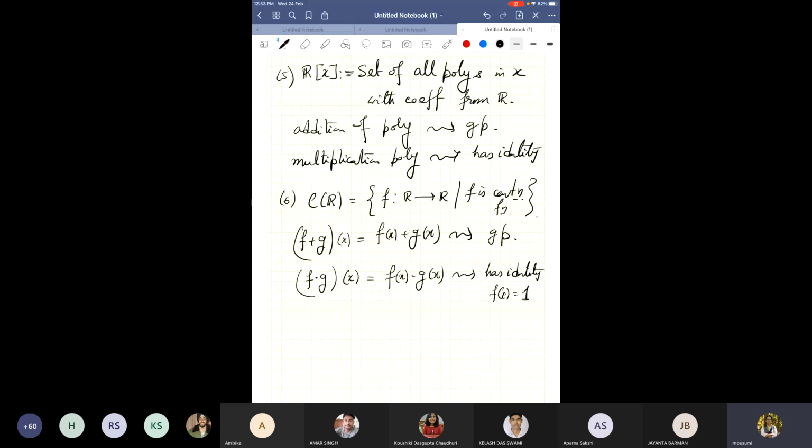Now let me define properly what I want to mean by a ring. Through all these examples we have seen some similarity. So then people thought, why study them individually? Let us study the property all of them are sharing together.